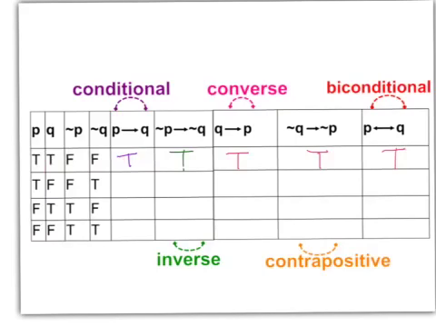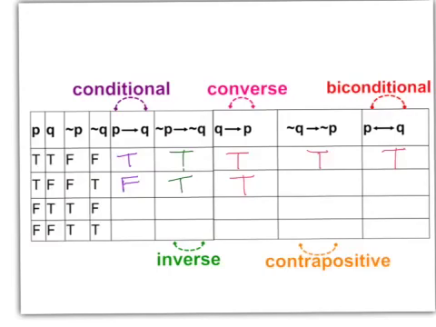Now in the next example, the conditional is true implies false. Well, when something true implies something that's false, the overall statement is false. However, in the next example for the inverse, when something false implies something that's true, the end result is a true statement. The converse, false implies true. In this case, when something false implies something that's true, the end result is true, so the overall statement is true.